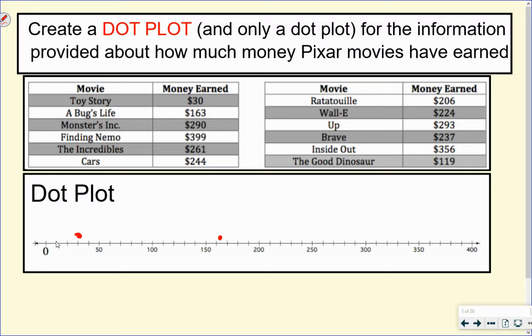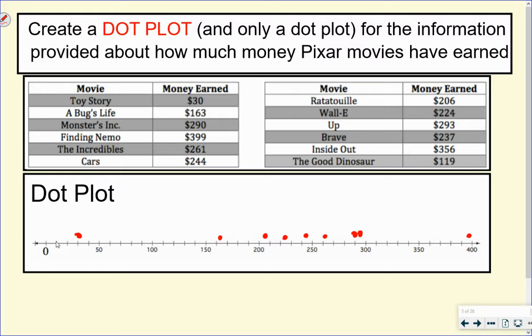Okay, then I have 290, which would be right here. 399 is, man, it's almost 400. 261, so 250, 261 is about right there. 244, so that's about right there. 206, about right there. 224, so let's see, 10, 24, right there. 293, so 50, 60, 70, 80, 93, it's close to that other one.